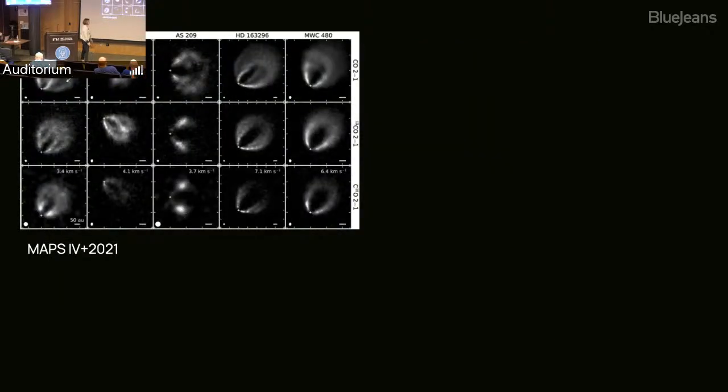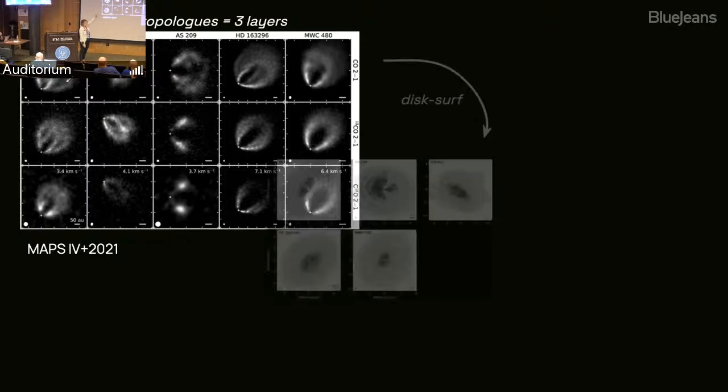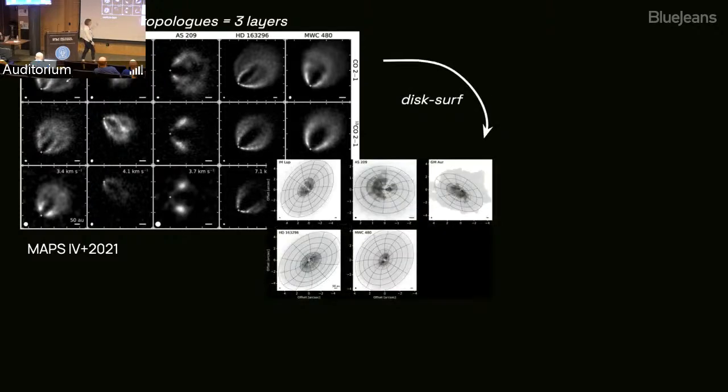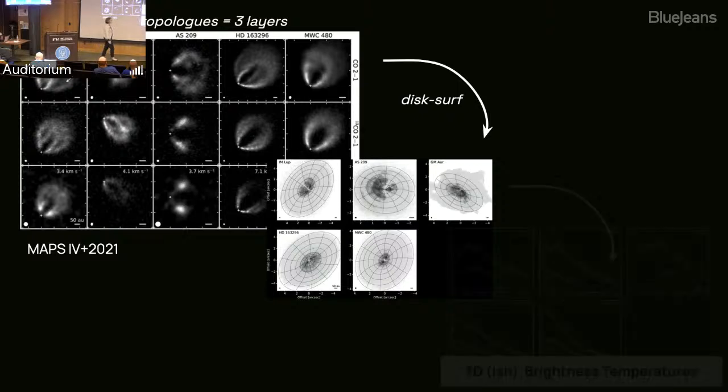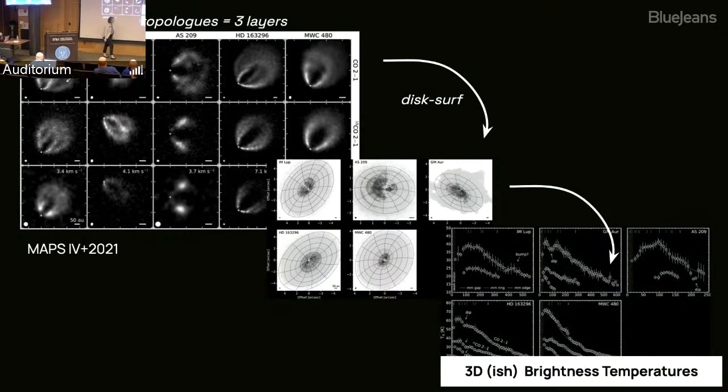And so the MAP survey actually nicely got the same transition in 3 isotopologues, which means that they all appear at different optical depths. They've isolated some of what they call disk surfaces with Rich Teague's disk surf code. And what they've extracted is a 3D-ish, somewhat vertical, distribution of brightness temperatures.